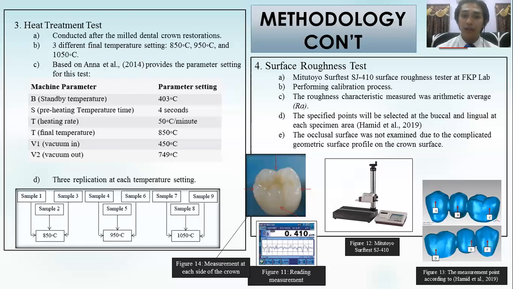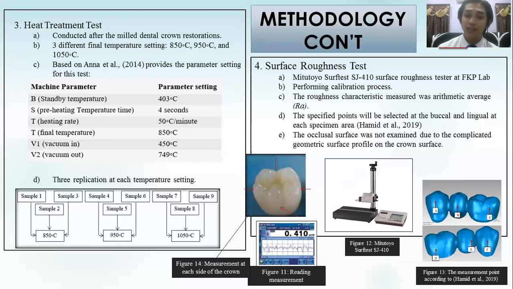Then the specified points will be selected at the buccal and the lingual of each specimen. So we decided to select 4 points on each side of the specimen, as you can see in figure 14. The measurement areas were selected in consideration of the limitation of the surface roughness tester, which could only read a flat surface.